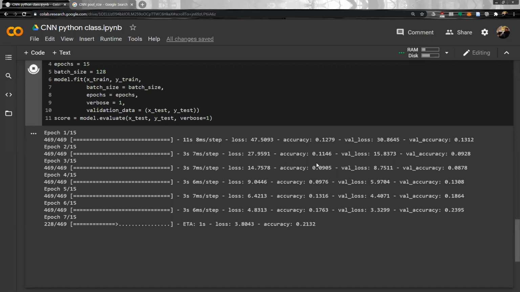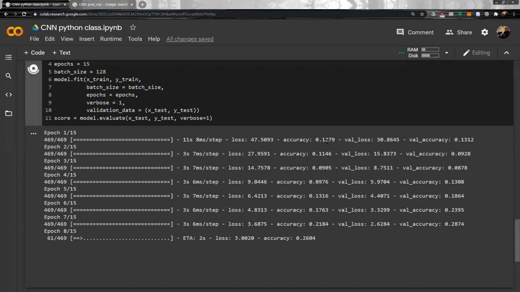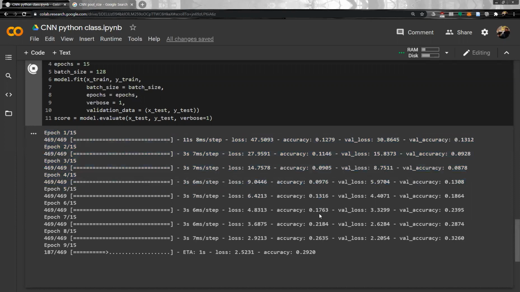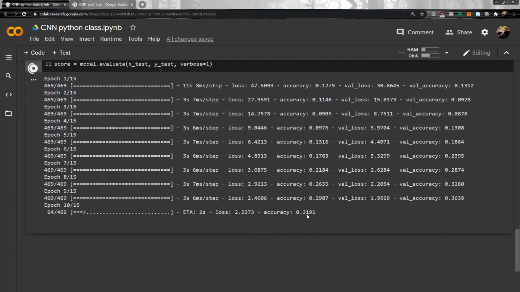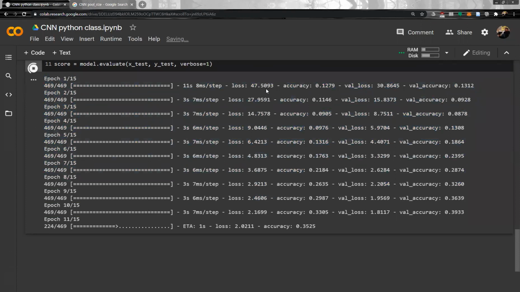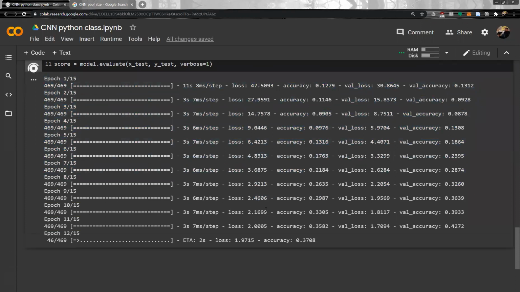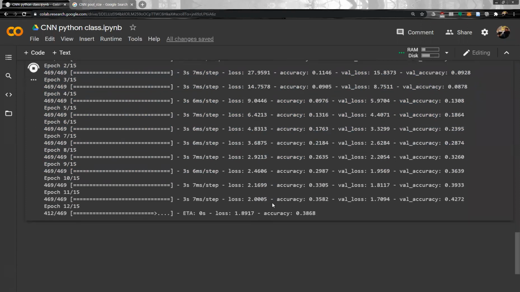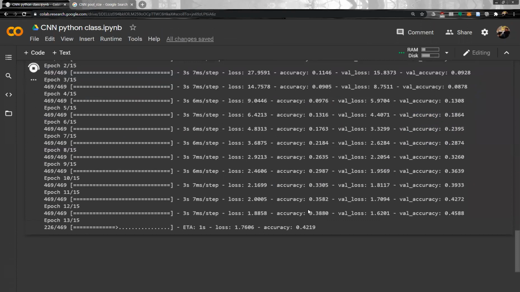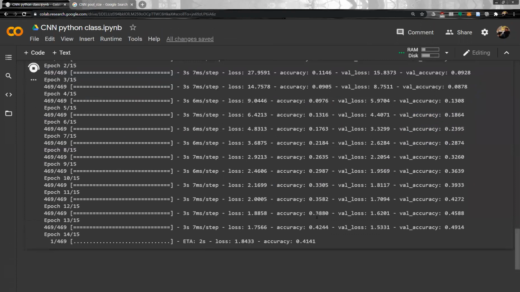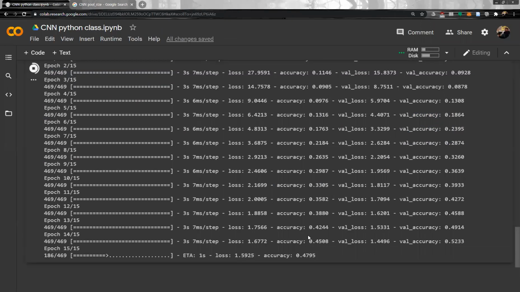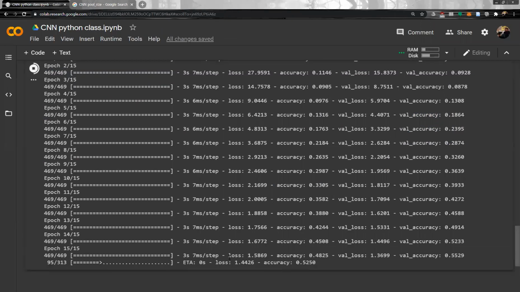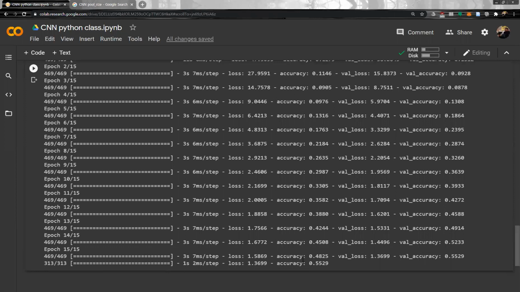As you train, it's not always improving, but initially accuracy decreased and now it's increasing. Now accuracy is like 30%. Initial loss is like 47, now loss is 2. Accuracy increasing, and then at epoch 13 accuracy is almost 40%. And then accuracy 45%. Here accuracy is 55%.